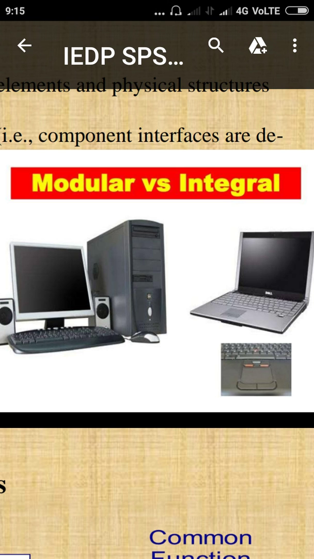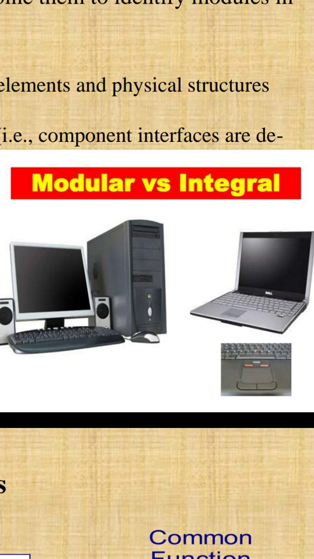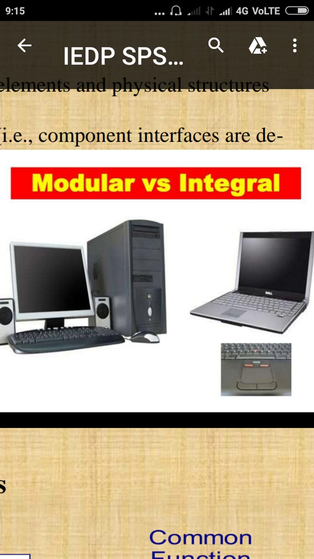The best example of modular architecture is the desktop setup. In desktop setups, every component individually performs its function, like the desktop, CPU, speaker; all these separate components are there.